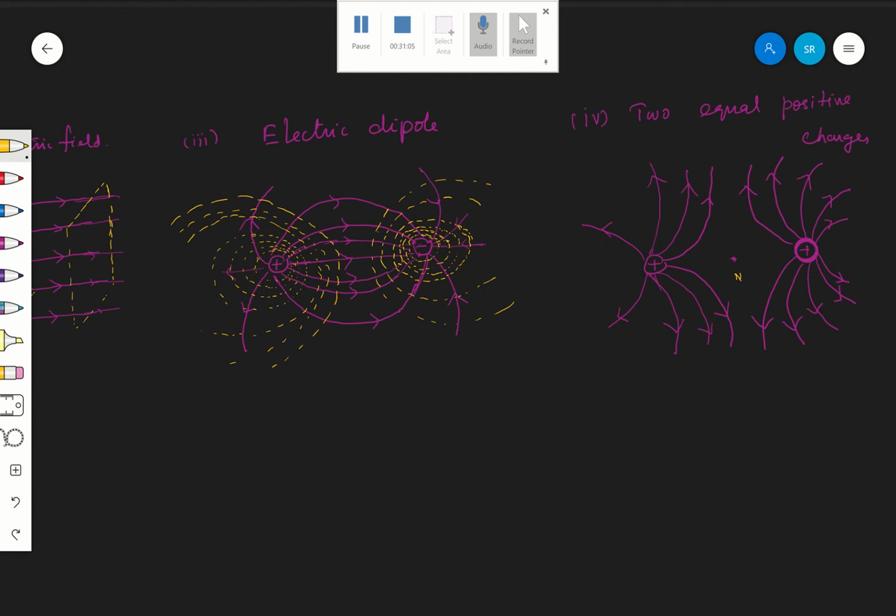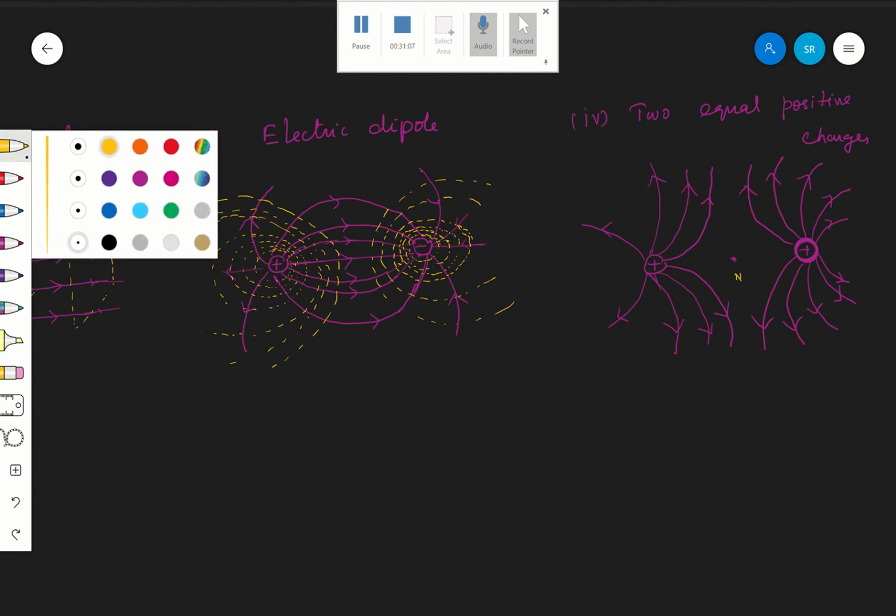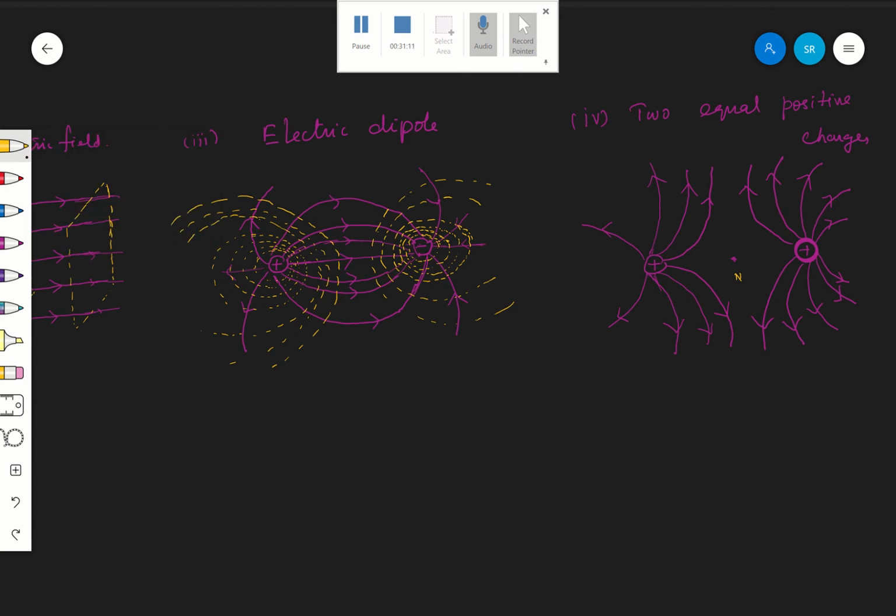Now I want to draw the equipotential surface. Here they are close on this side, but as they come here the field becomes weaker, therefore they are far apart.